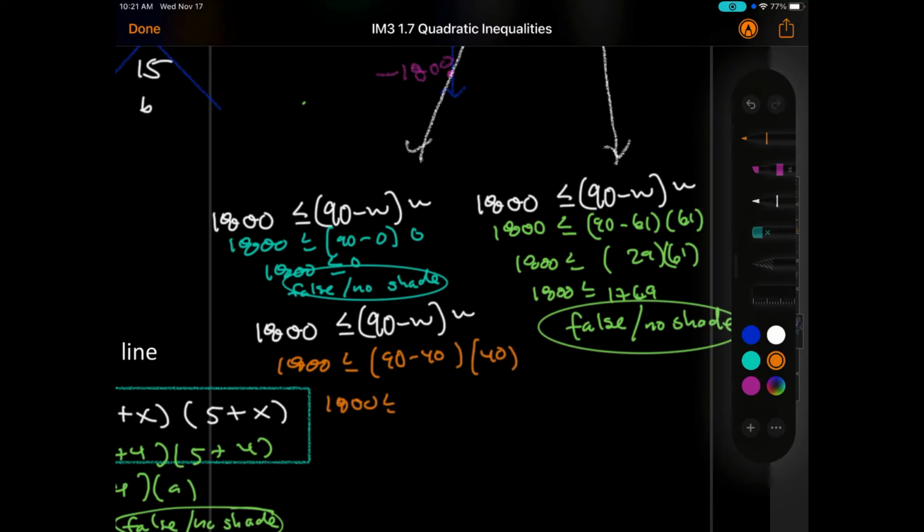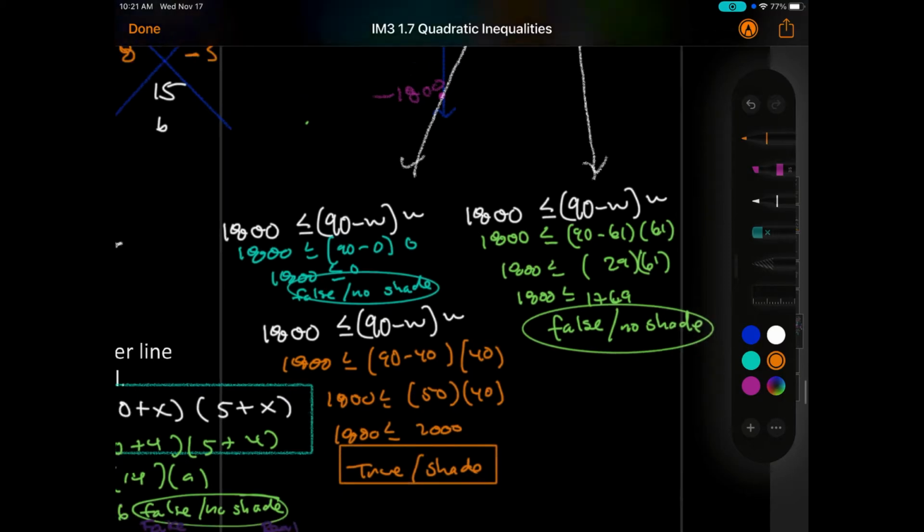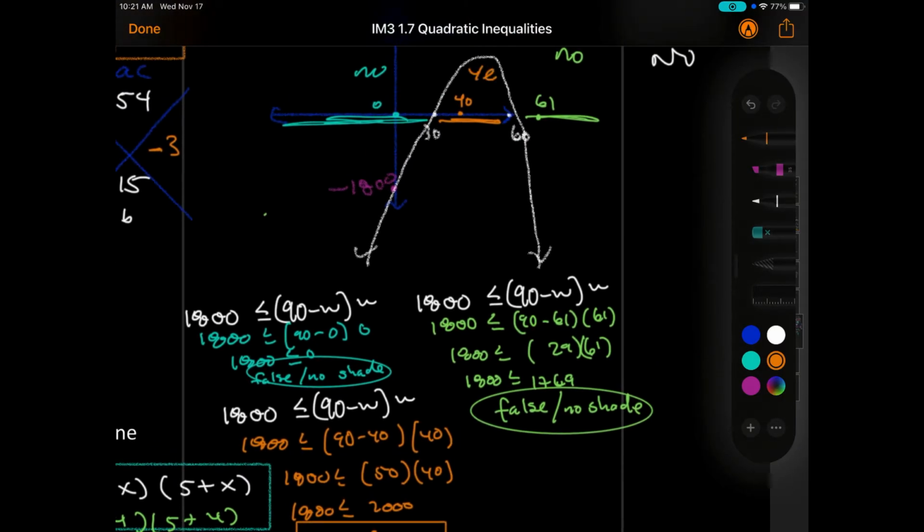So that would be 50 times 40. 1800 is smaller than or equal to 2000. And that is true. Shade. Okay, so my solution is there between 30 and 60.